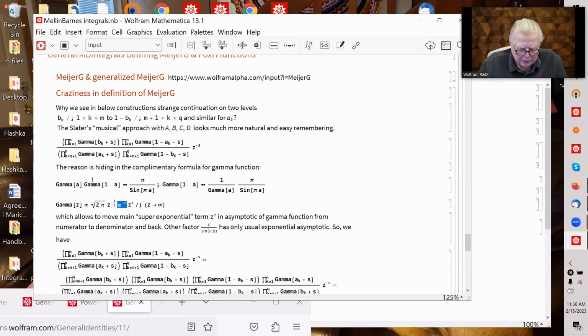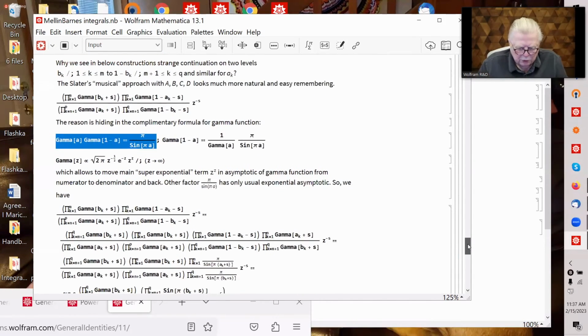And if we try to look at this formula, we see the following. Here we have this super exponent in the numerator, and here this in the denominator.